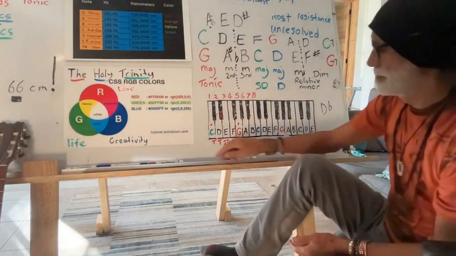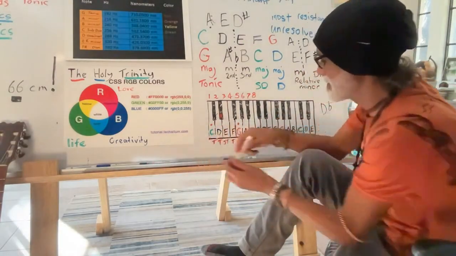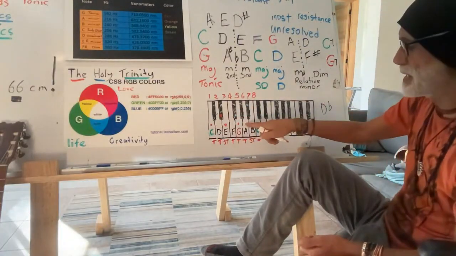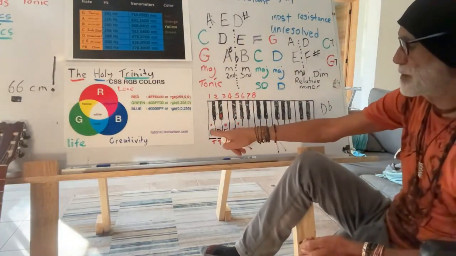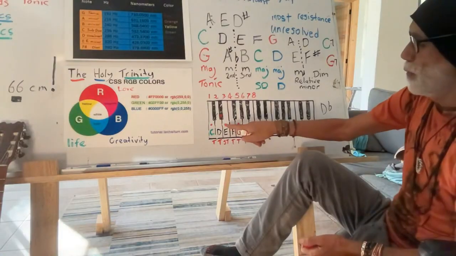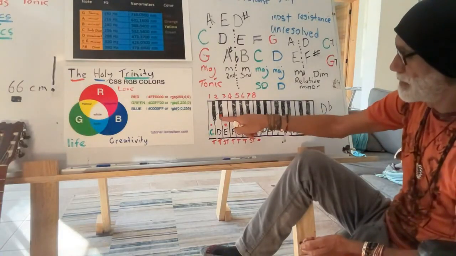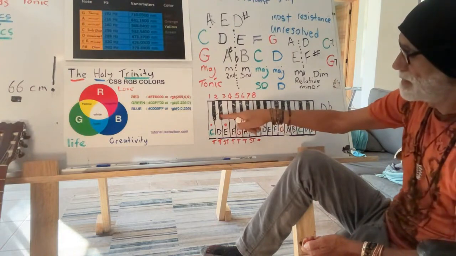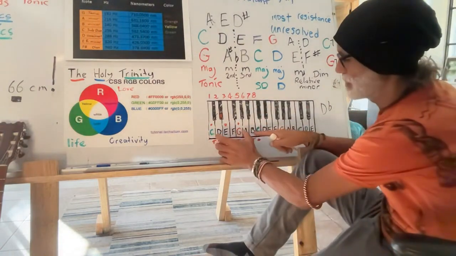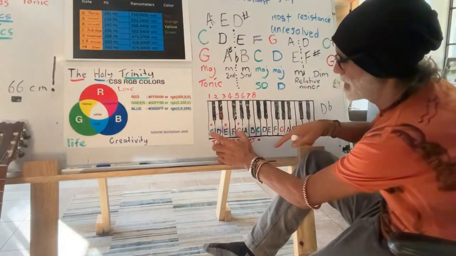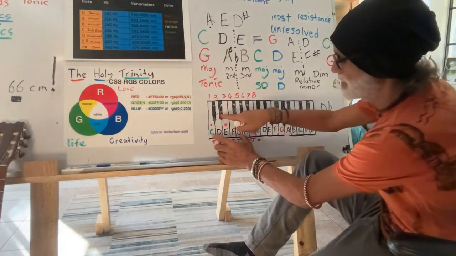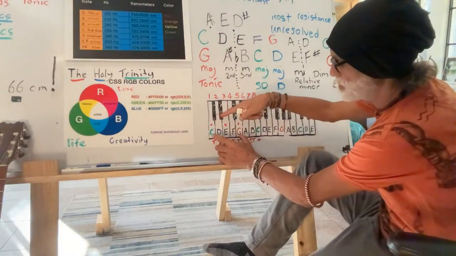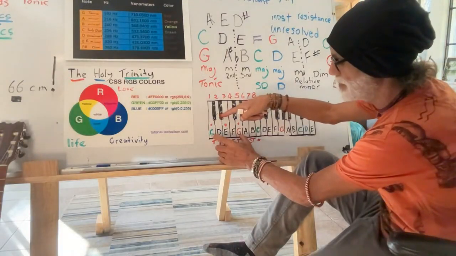Okay? All right. So that's how you make that straight line, C major, the first, the third, and the fifth. But when you flatten the third, which is E flat, when you play that and that and that, that's C minor, because you've shifted the triad.